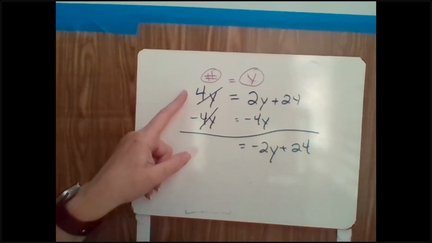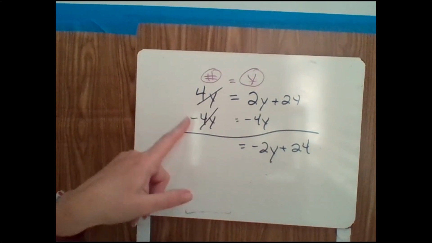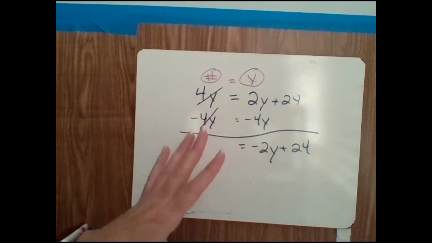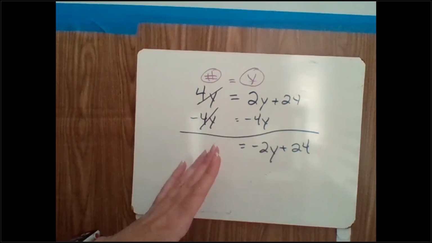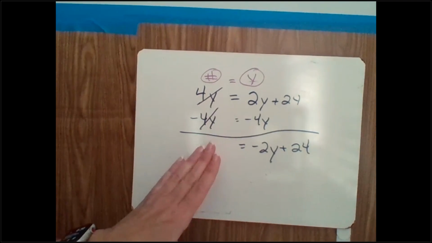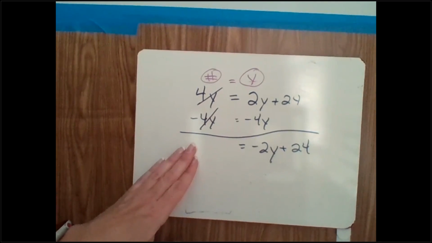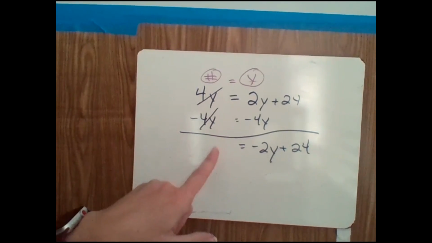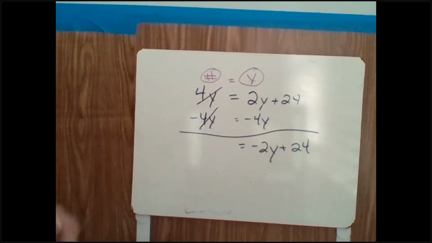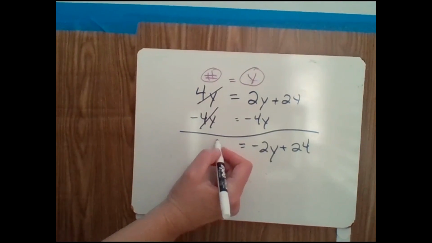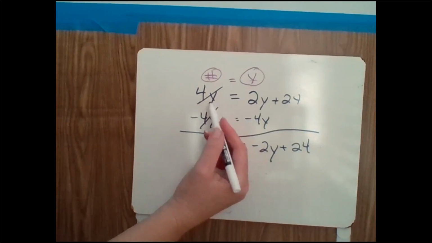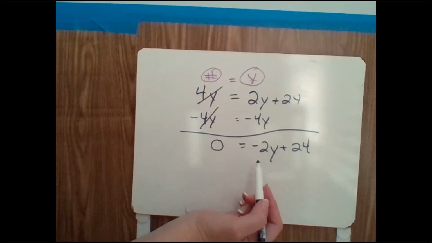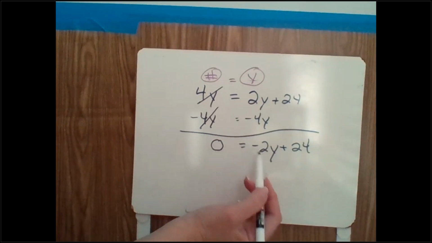Ordinarily, I don't like to write the 0 here because 4y minus 4y cancels out. It's nothing. I don't want to do extra steps. In this case, I don't have anything else on the left side of the equal sign. I need a placeholder. I have to put the 0 there so that I can finish this problem. It's holding my place.